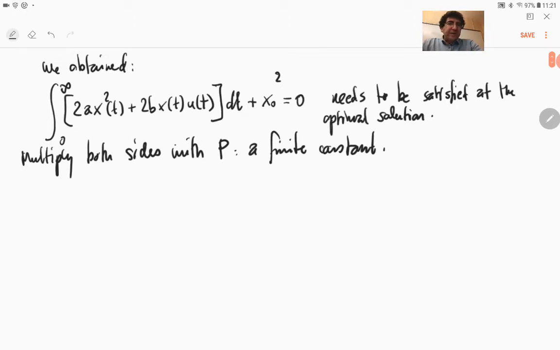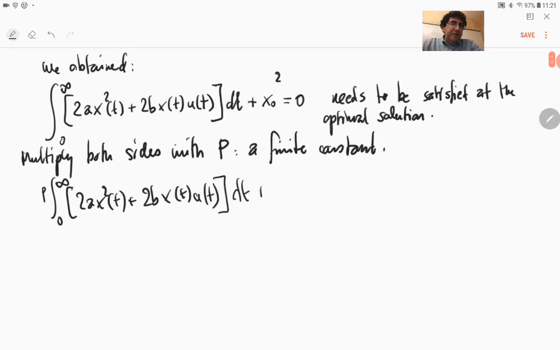So we have p times the integral from 0 to infinity of 2a x squared of t plus 2b x of t u of t dt, plus p times x0 square, still being equal to 0.